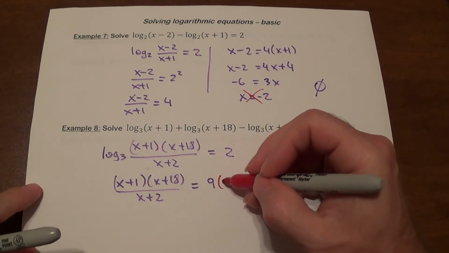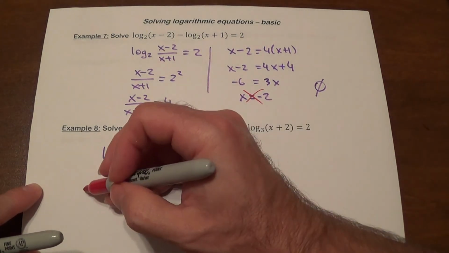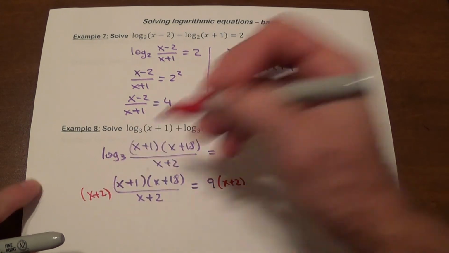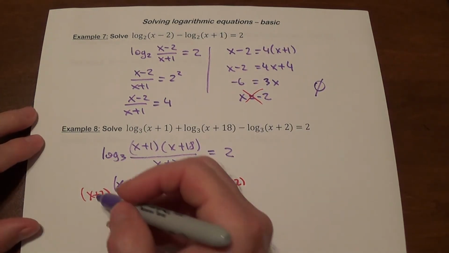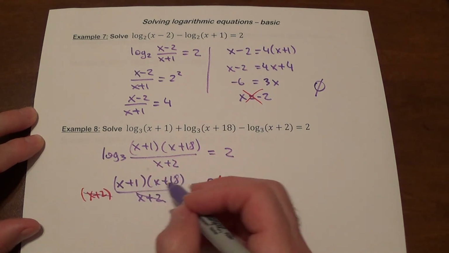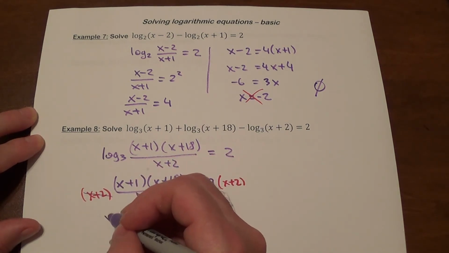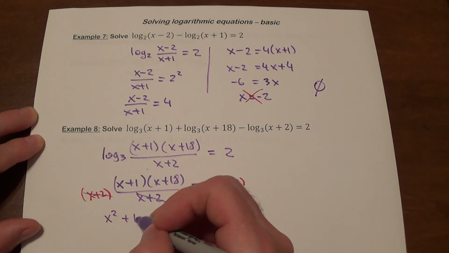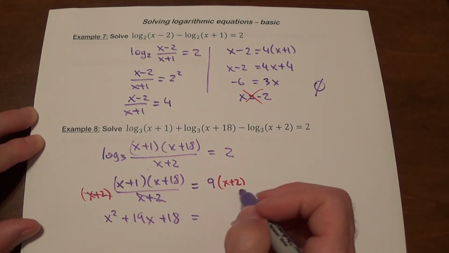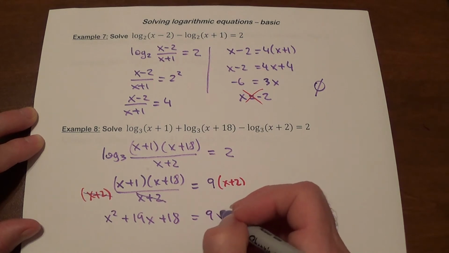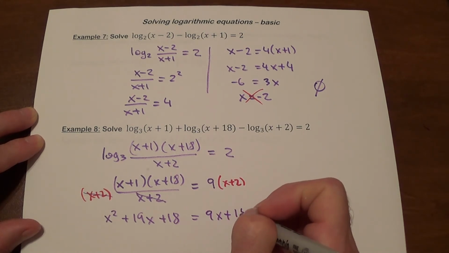You're going to multiply both sides by x plus 2, and these two will cancel. I can FOIL this. That's going to end up giving you x squared plus 19x plus 18 equals, on this side we distribute, 9x plus 18.